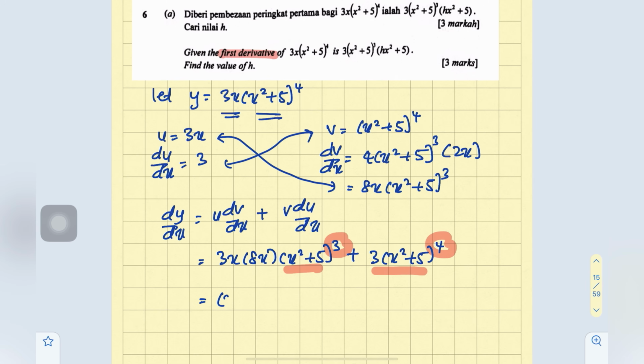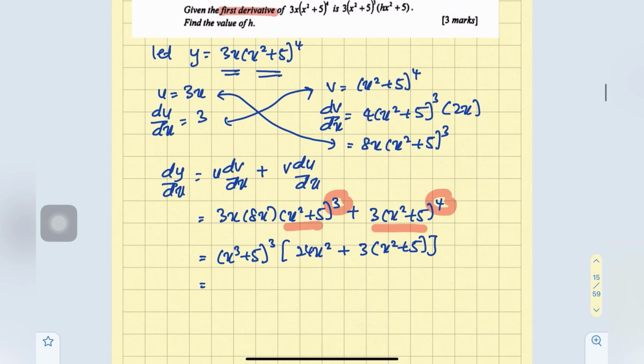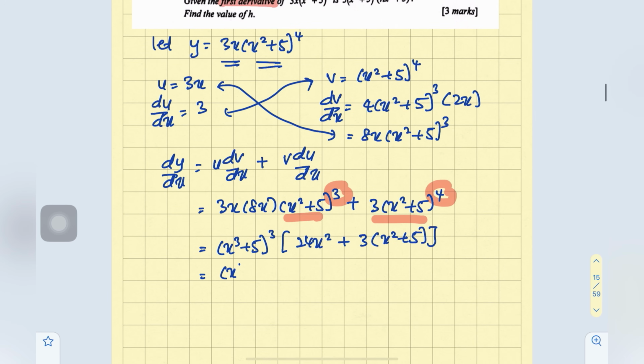So this one is x squared plus 5 cube. So in the bracket 3 times 8 24x squared plus 3, kita dah keluarkan 3, so dalam tinggal 1 x squared plus 5. Okay, so the rest we just simplify. Okay, so x squared plus 5 cube.